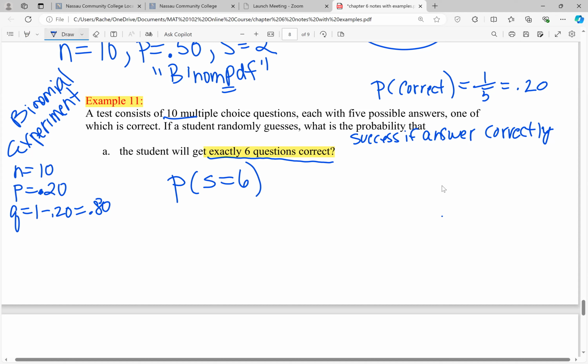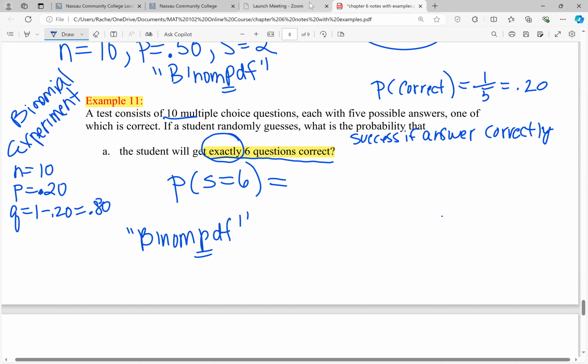And I already know N, P, and S, right? There's N equals 10 trials. The probability of a success on any given trial is 0.2, and we want 6 successes. So we're going to plug this right into the calculator, and we're going to use binom PDF since we're calculating exact.